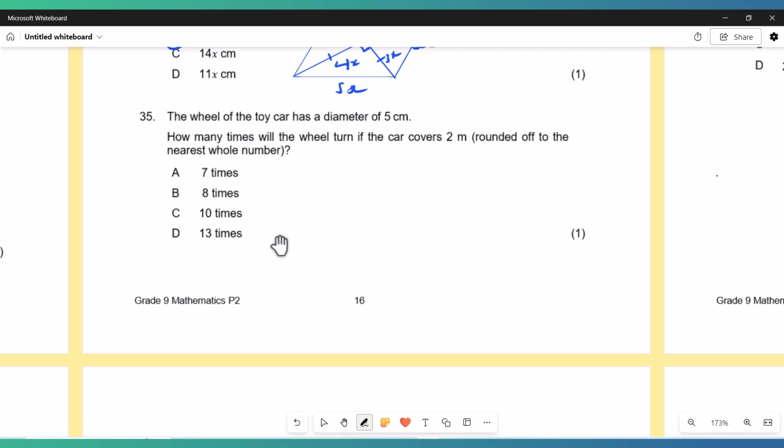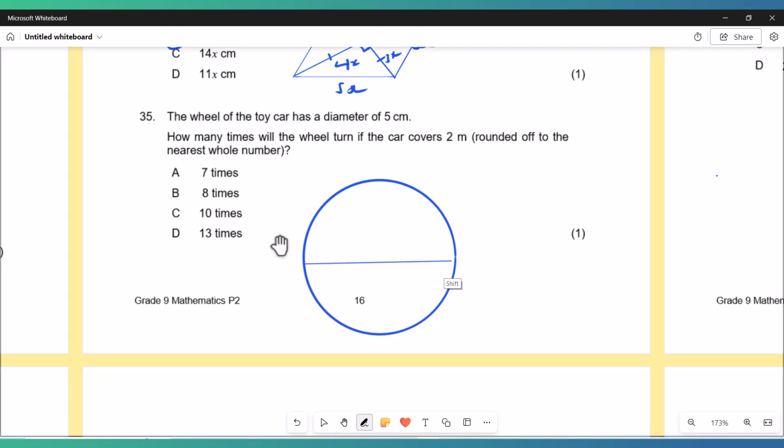So if this is the wheel for the toy car, which we have, they say that it has its diameter here of 5 centimeters. So meaning the diameter is what? Diameter must be 10.